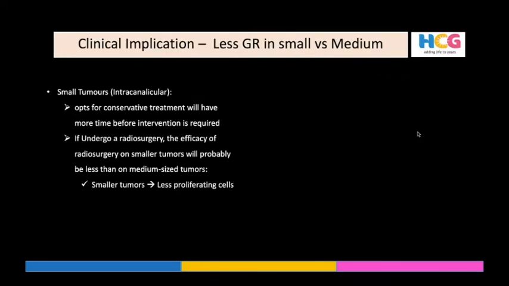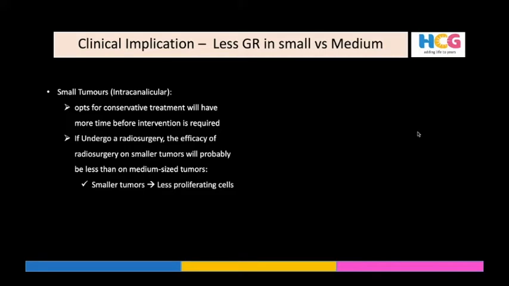Small tumors, we always offer conservative management. This is very important because it gives the patient some time to think about any intervention and the side effects. If the patient wants to undergo radiosurgery, the efficacy of radiosurgery on small intracanalicular tumors, the outcomes are a little inferior.